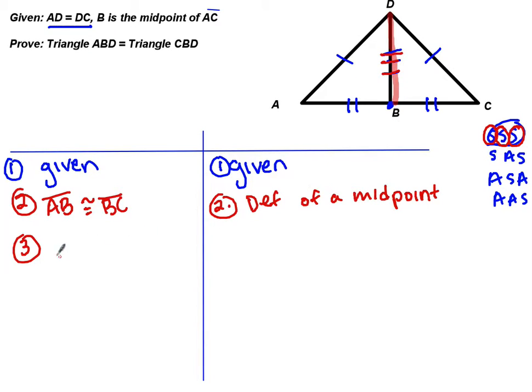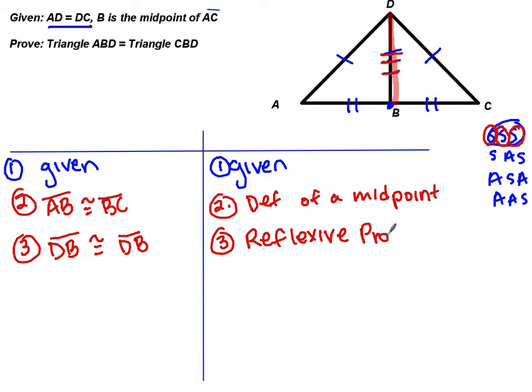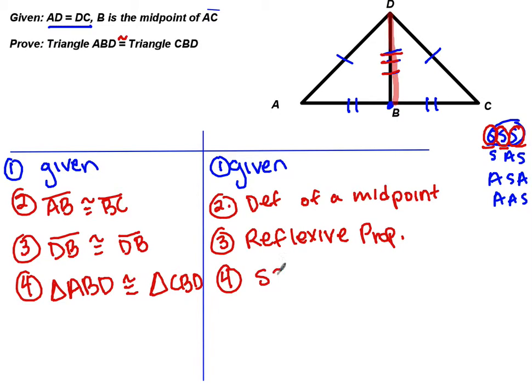Well, I notice they both share DB, so I'm going to use what's called the reflexive property. And now I've clearly stated all three pairs of sides are congruent, so now I can state that triangle ABD is congruent to triangle CBD. And my reason for that would be side, side, side.